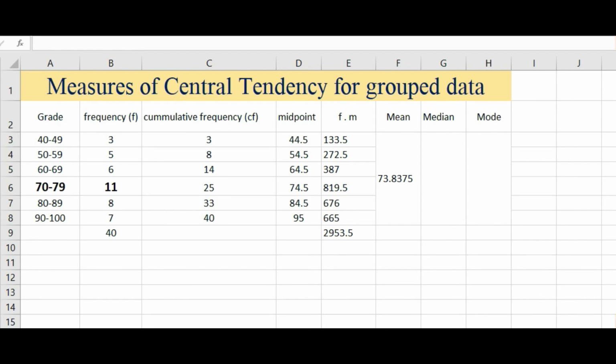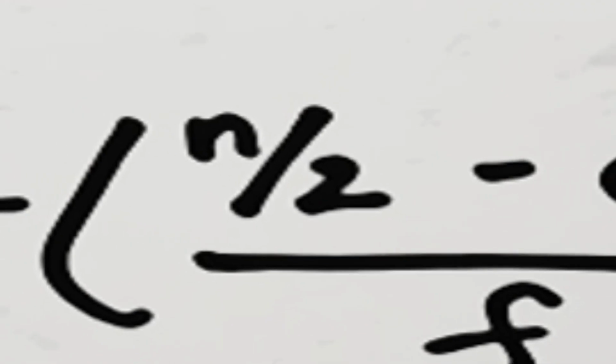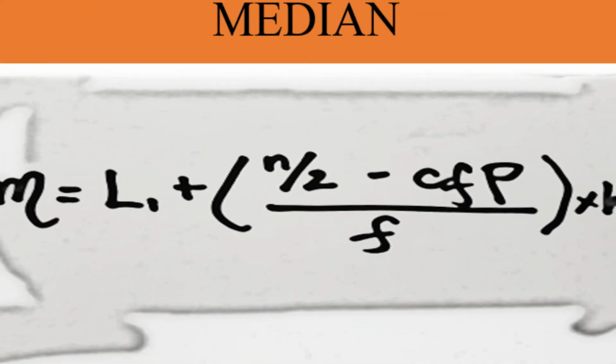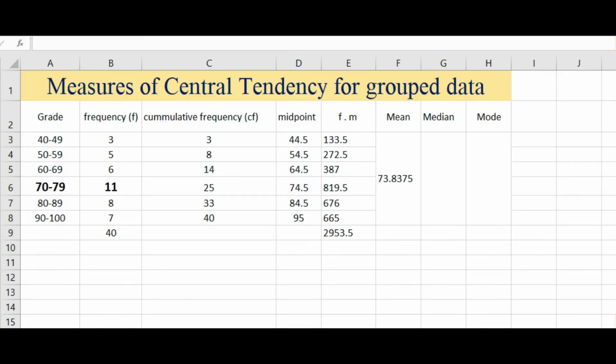So the next step would be solving for your median. Let's remember the formula for the median. Now, let's solve for this. As you can see here, we must identify first the given information. So for your lower limit, how to get your lower limit?